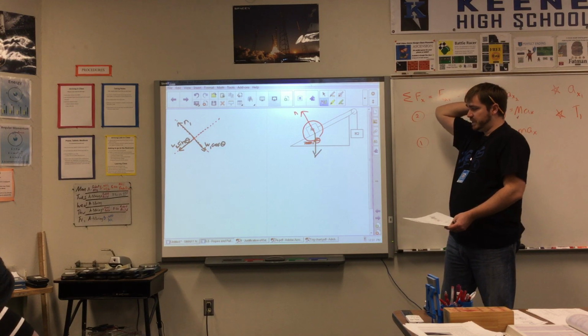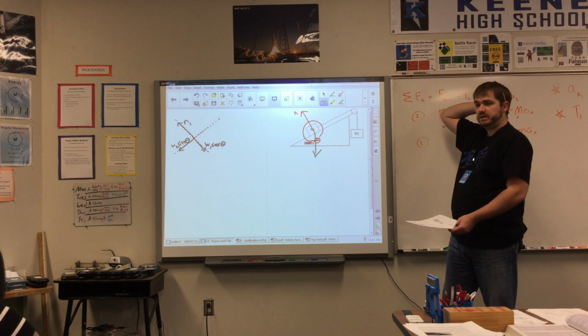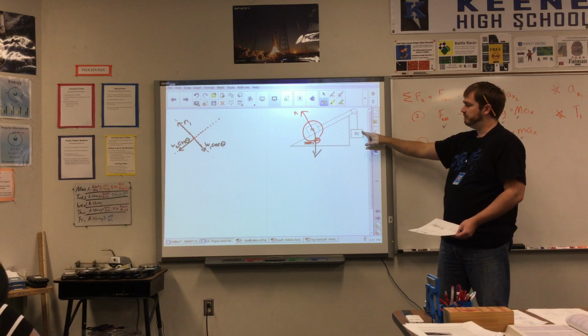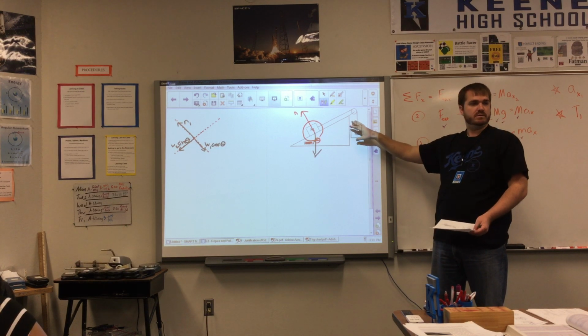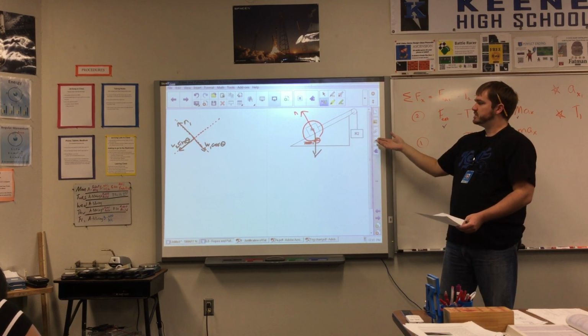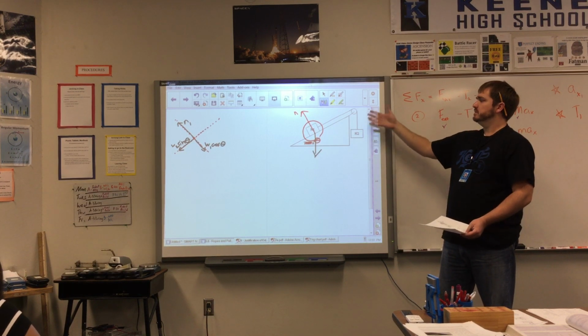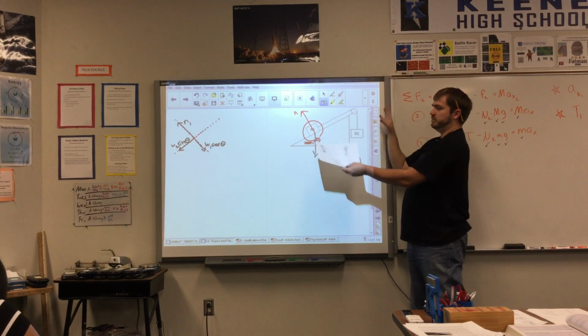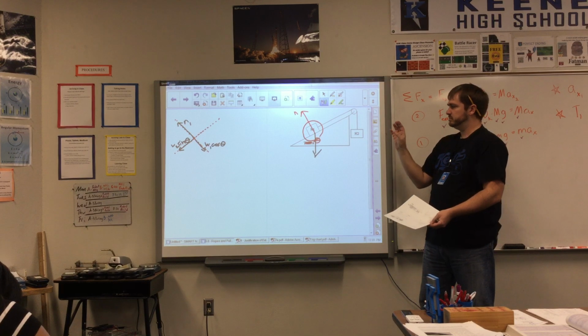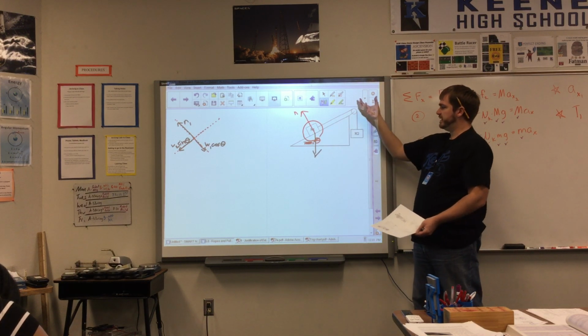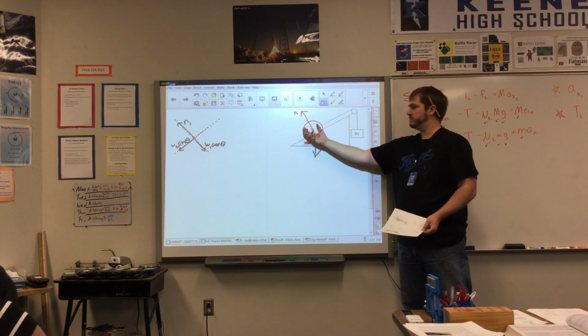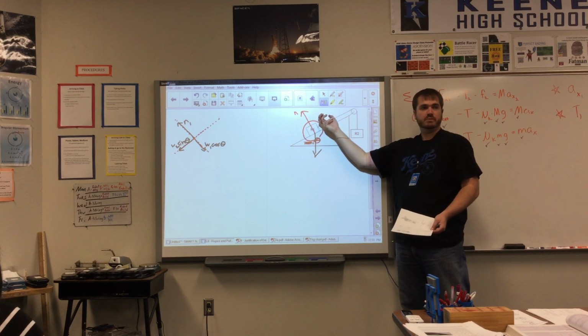We don't have a lot of indication which one's bigger. Let's say mass 2 is bigger than mass 1, okay? If that's the case, what's going to be happening with this system? Friction. We'll say mass 2 is pulling downward, and so mass 1 will be moving upward.